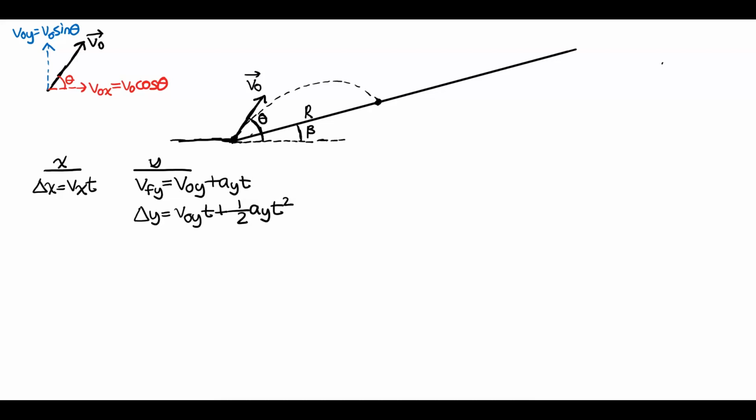Should we use equation 1? Well, no, because we don't know vfy. It's not explicitly given to us. Should we use equation 2? No, because we don't know delta y. It's not explicitly given to us. So now we're stuck. We don't have a lot of the variables required, except we do.